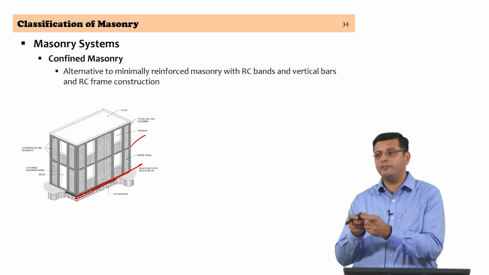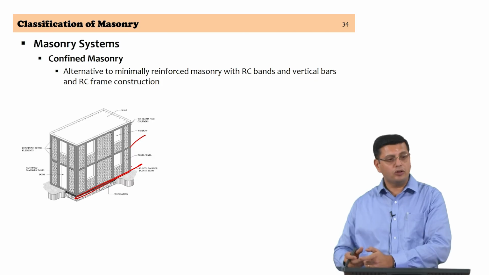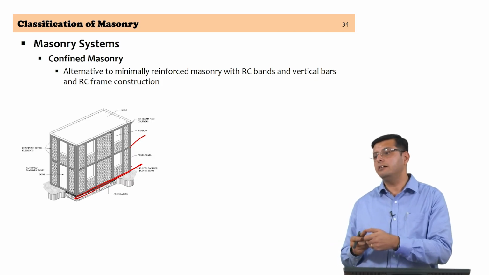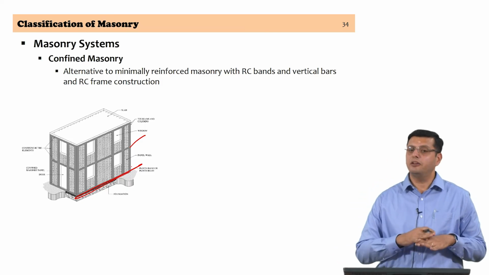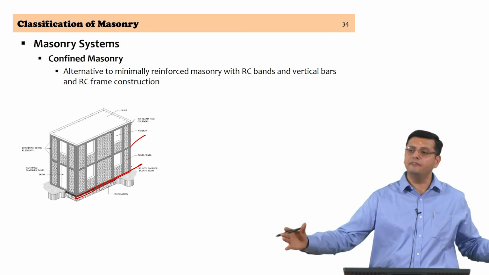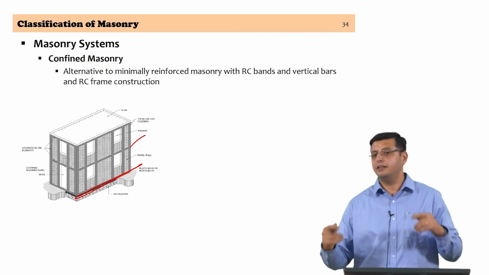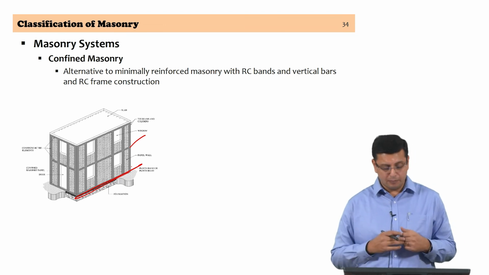So, you do not have, like you would have in a moment resisting frame, a separate footing for the columns. You would not have that in a confined masonry construction. The masonry load bearing construction has a running foundation over which a reinforced concrete plinth beam is provided, and the vertical RC elements are actually embedded in the plinth beam itself.